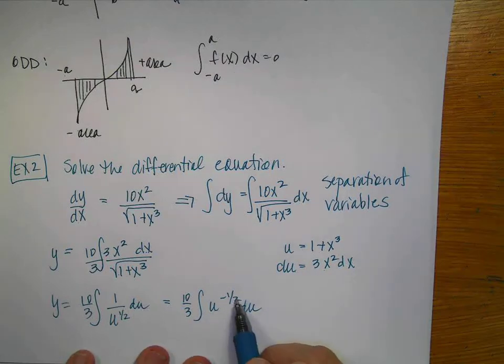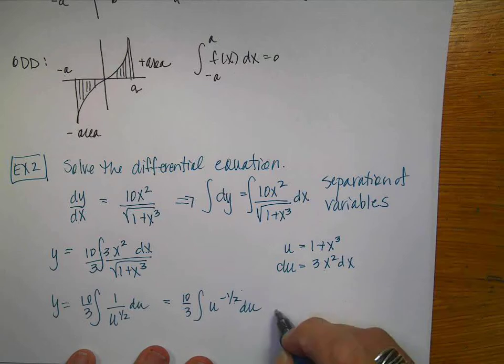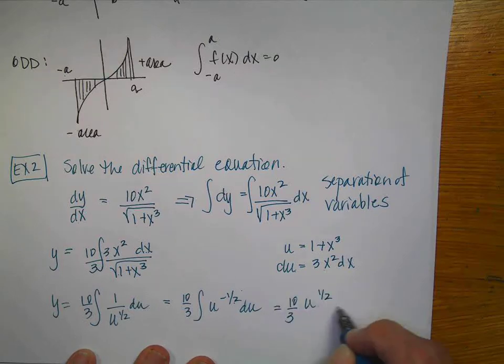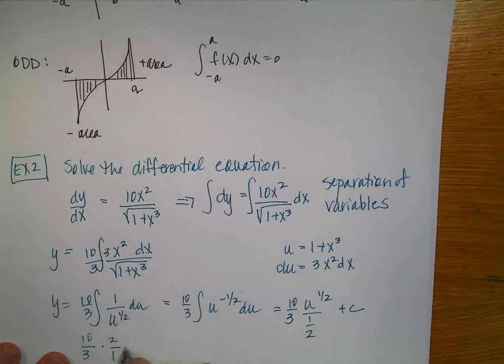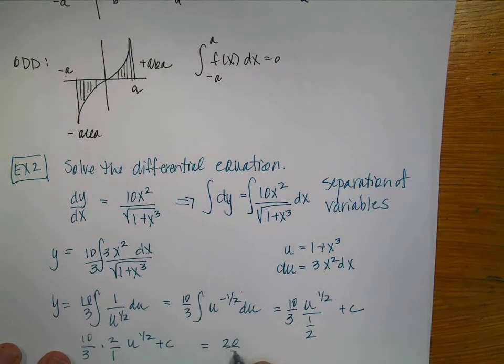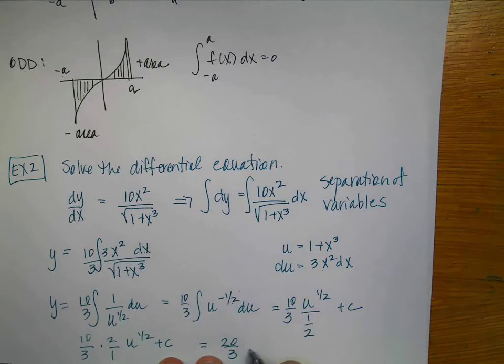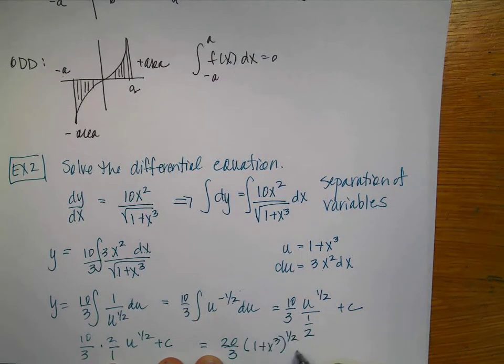Now when I integrate, to go up a power, plus 1 over 1/2, I'm going to get 10 over 3 times u to the 1/2, and then divided by 1/2 plus c. So I get 10 over 3 times 2 over 1 u to the 1/2 plus c. And so I get 20 over 3. I'm going to put in my u, 1 plus x cubed to the 1/2 plus c.